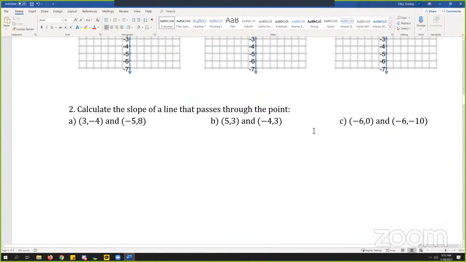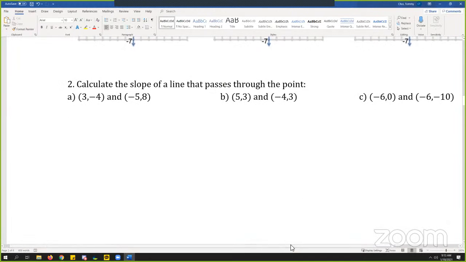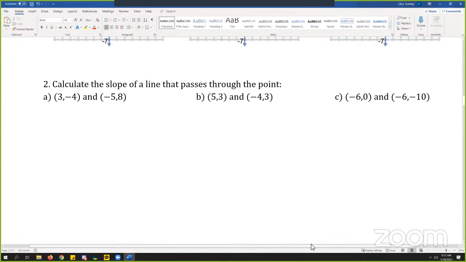Question 2 was finding the slope of each line going through these 2 points. Okay, so calculating the slope here.